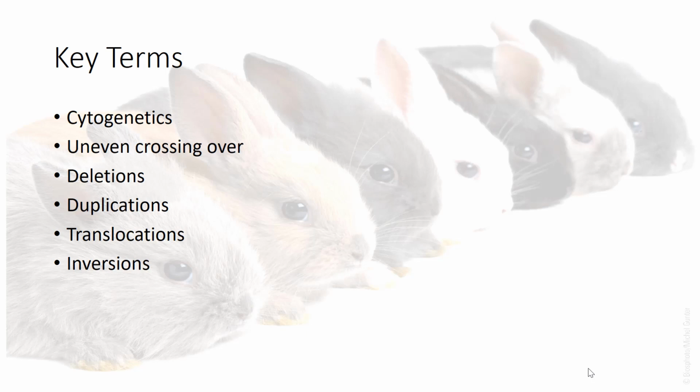Now, there are two different types of inversions. There's what are called pericentric, and so these are when the break is actually on both sides of the centromere, and so it actually inverts the centromere as well.